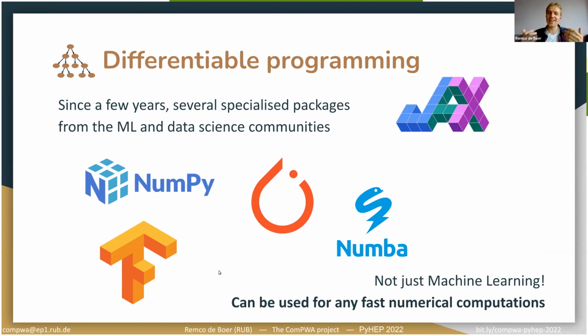So I guess you've seen all these frameworks for machine learning before. I mean, Nathan was also just mentioning them in the talk. They've become available in the past few years, and what we want to use of these frameworks is not really the machine learning part, but just the fact that they can very efficiently compute very large expression trees, so that you can, for instance, quickly evaluate some gradient descent algorithm.